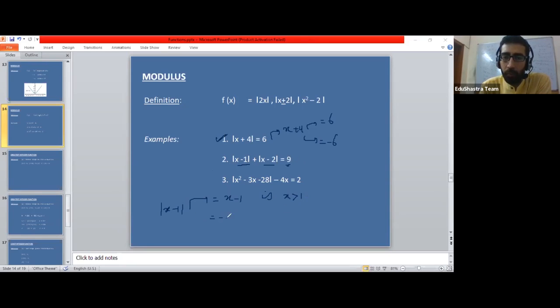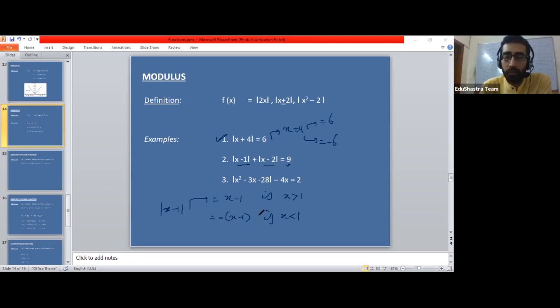And this will be equal to minus of x minus 1 if x is less than 1. If x is less than 1, then x minus 1 becomes negative, then mod of x minus 1 becomes minus of that negative number. Mod is always positive. The output in mod is always positive.